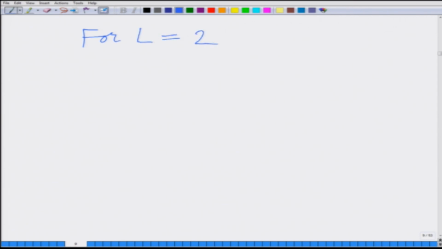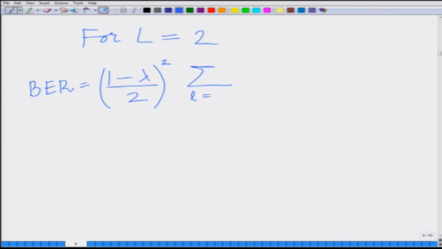We have the bit error rate equals (1 minus lambda by 2) raised to the power of 2, times the sum over small l equals 0 to L minus 1, where L equals 2, so L minus 1 equals 1, of (L plus l choose l) times (1 plus lambda over 2) raised to the power of small l.